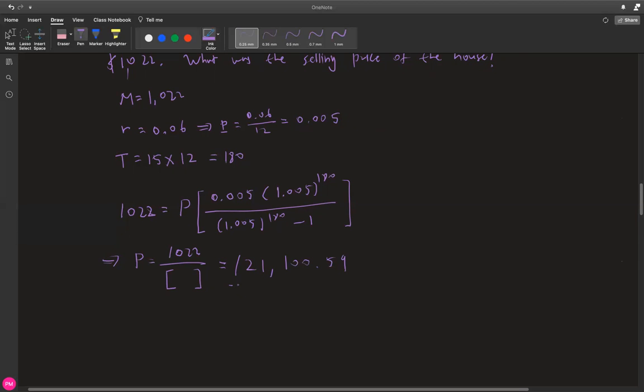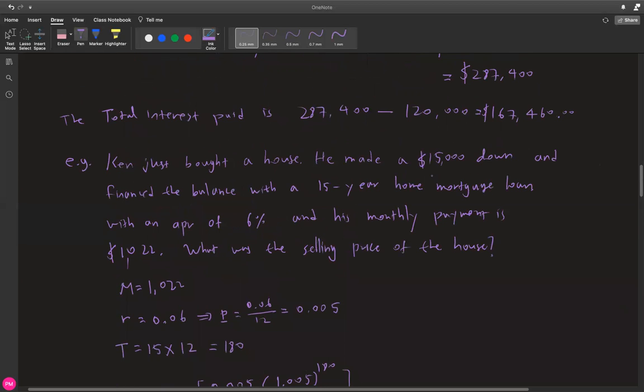So this is how much Ken took out a loan for. But we also have the down payment here. The down payment is the payment that the purchaser makes before taking out a loan. It's the sum of money that you put down before you take out any loan.